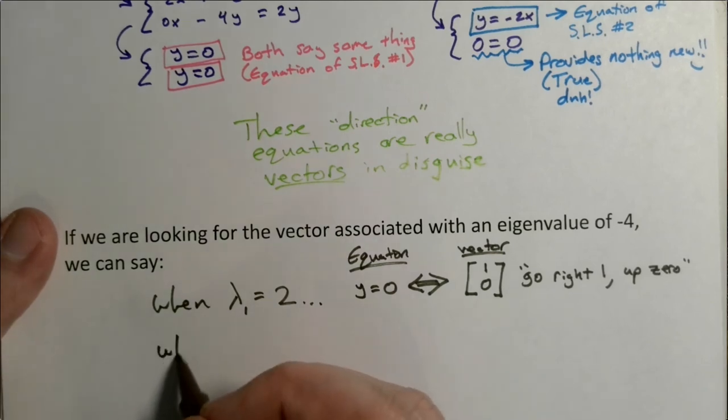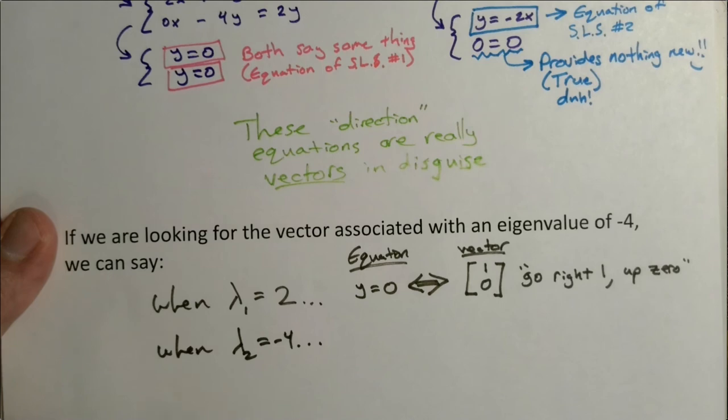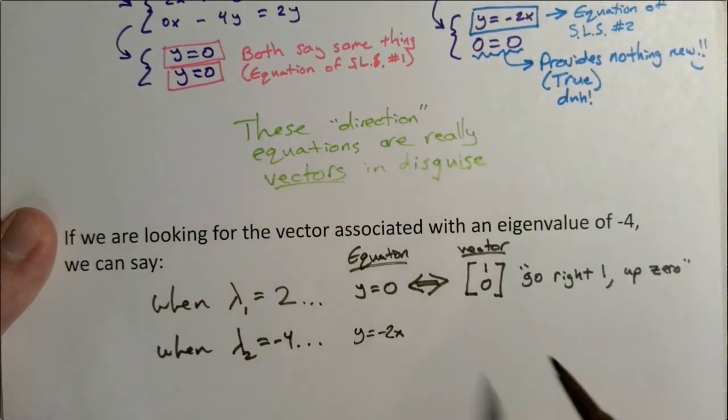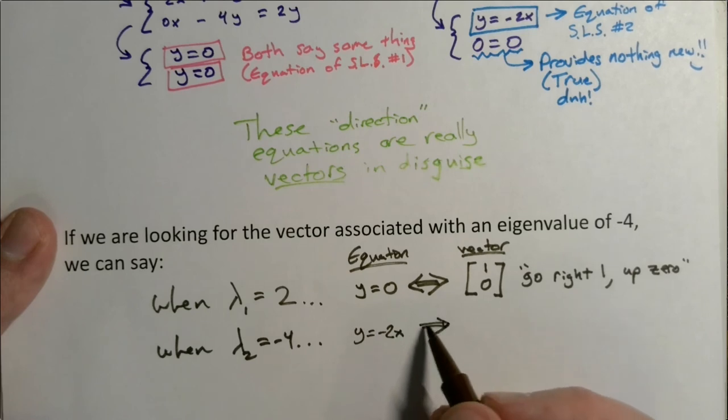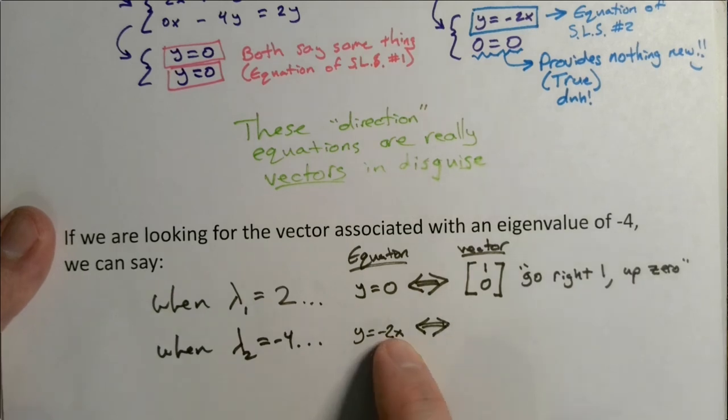And when lambda 2 was equal to negative 4, we got something different. We got y equals negative 2x. And how do we turn that into a vector? How do I express that as an x direction and a y direction? Well, you basically say if x were to go up by 1, what would happen to the y value?